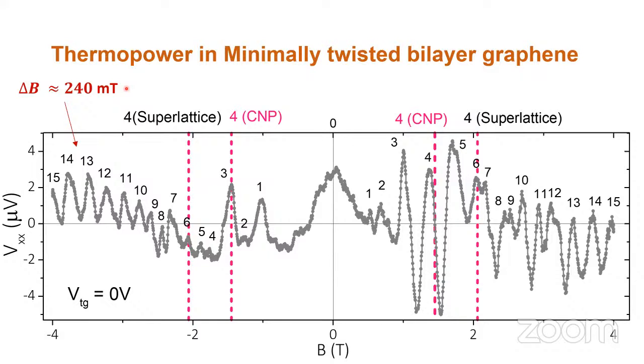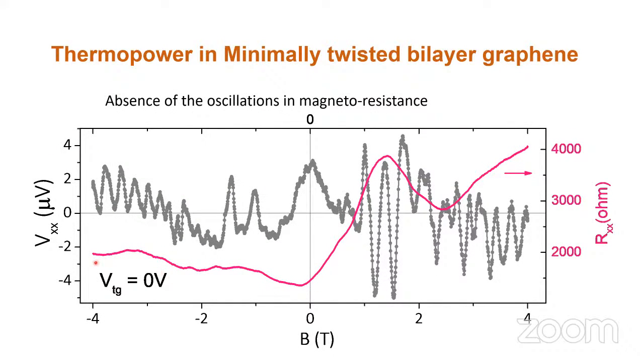Even more interestingly, if I look at the resistance in the same regime, you can see the resistance shows essentially nothing. And this led us to conjecture that thermoelectric power probably is a much more sensitive probe to any kind of low energy phenomena in such systems.